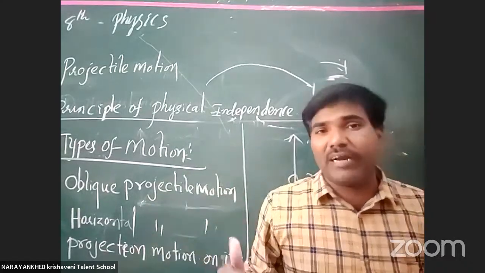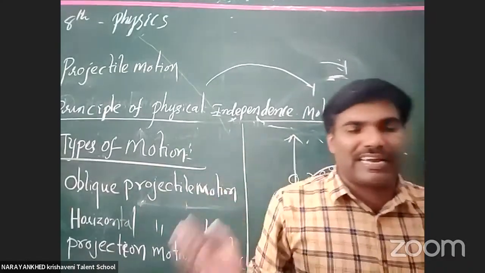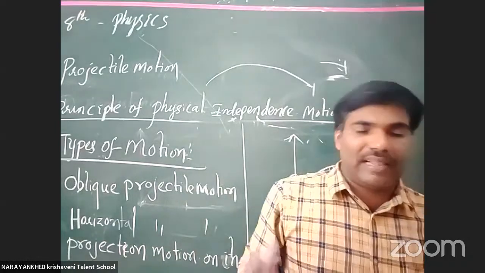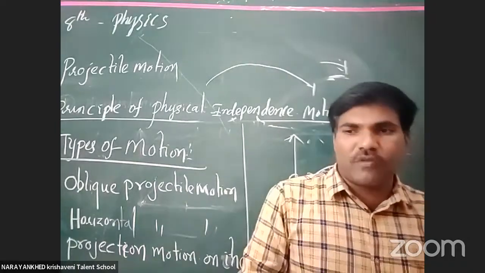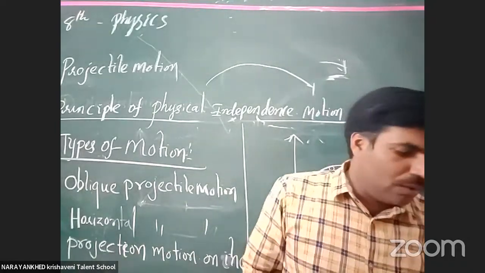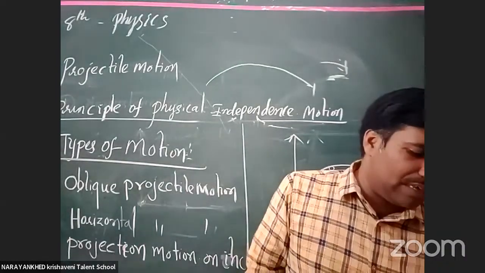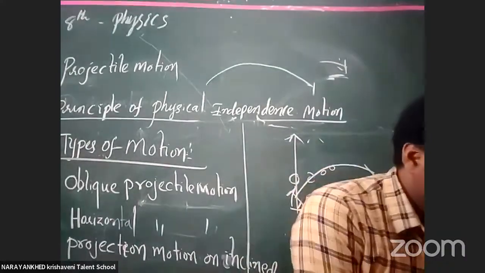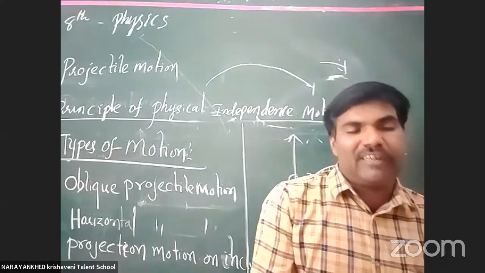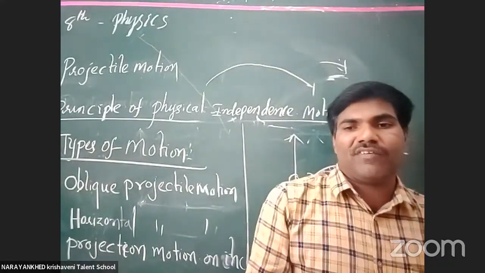Inclined will make an angle with the x-axis as well as the y-axis. That is all about projectile motion types. Now what next? The equations of motion, how they vary for our projectile motion.